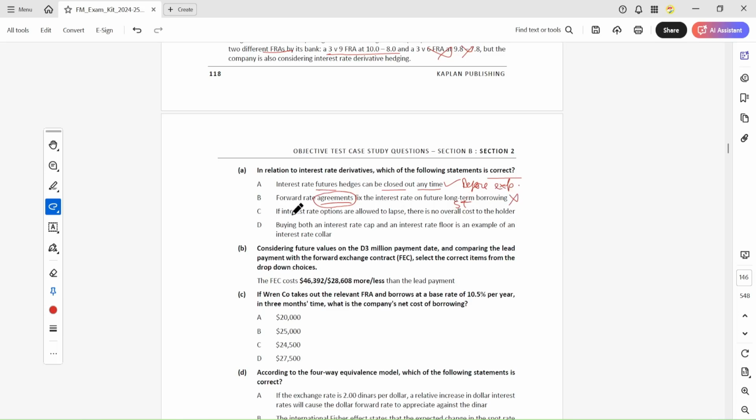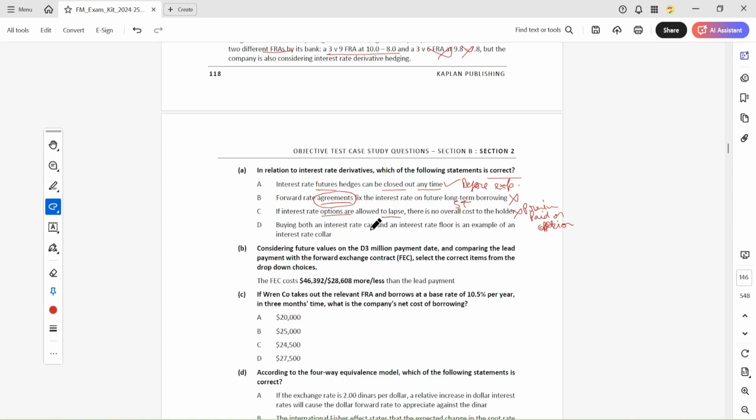If the interest rate options are allowed to lapse, there is no overall cost to the holder. No, premium has to be paid. Premium paid on option is the cost for the option. So this is incorrect.